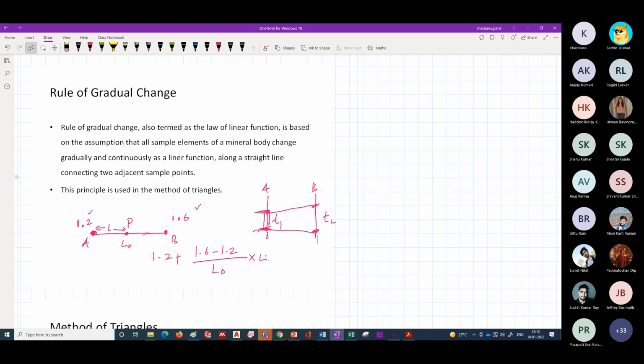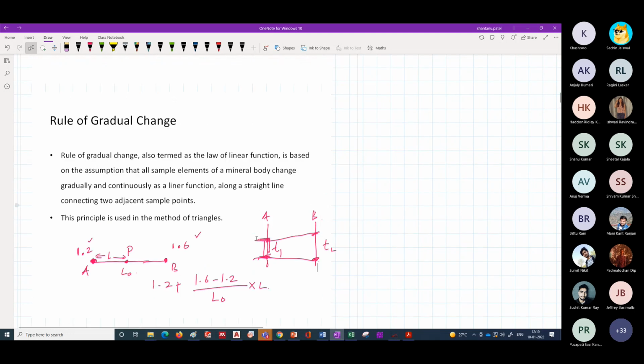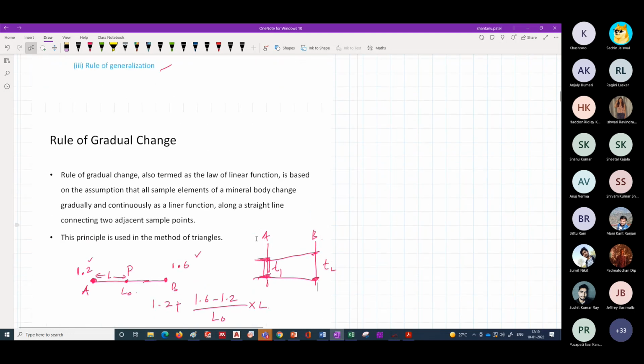Sir, can you repeat this concept again? Okay, so the problem is, as I said, let's say our ore deposit is here, and in the case of the Noamumbi mine in Tada, it is around 11.6 square kilometers. First, we cannot scan the whole area point by point, we cannot drill the whole area.